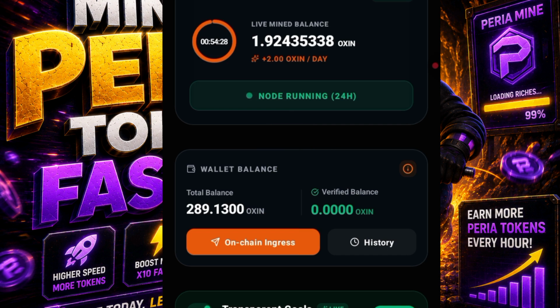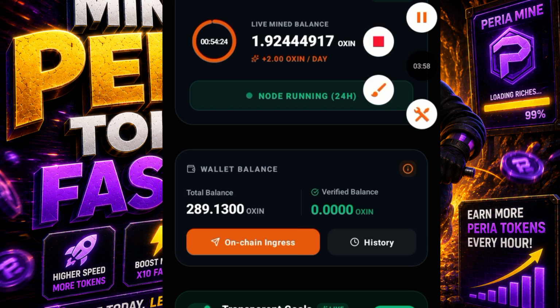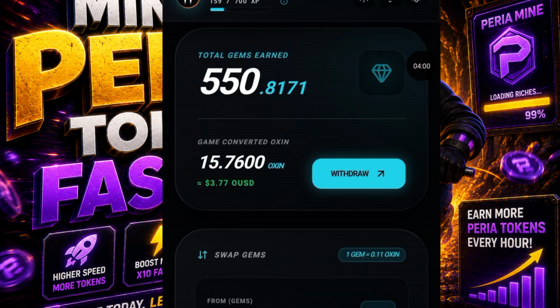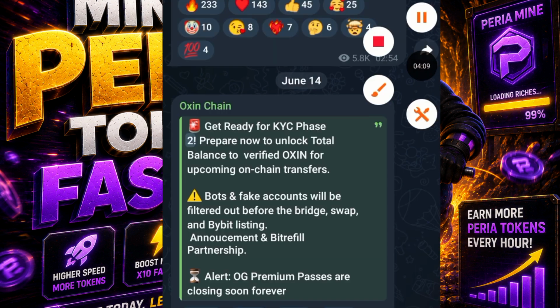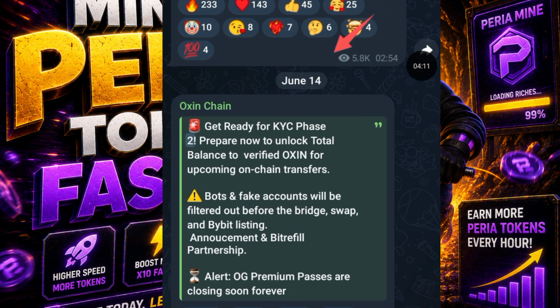Now, let me show you the last gist which I have for you. Before that, let me quickly transfer some Oxin first because I'm sending it there. But let me quickly show you something first. Look at this information that was shared on June 14th. They say get ready for KYC phase 2.